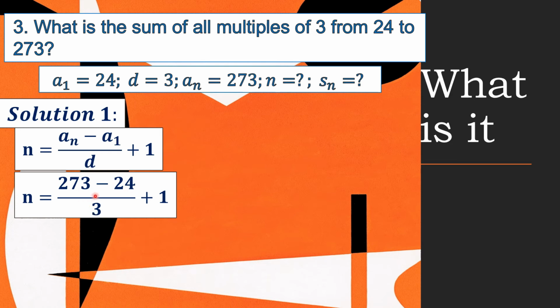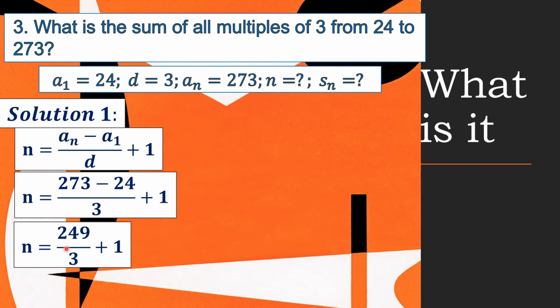So, 273 minus 24, that is equal to 249 divided by 3, that is equal to 83 plus 1, that is equal to 84. So, ibig sabihin, 84 na numbers o terms ang pwede nating makuhang multiples of 3 starting from 24 to 273.